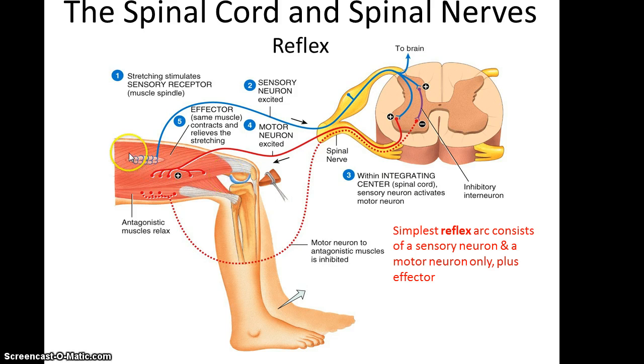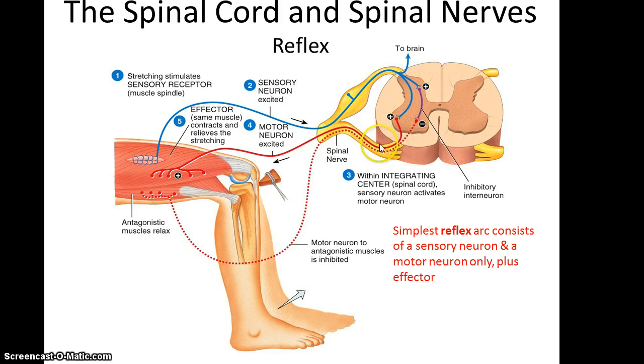So you have the sensory receptor, which in the simple version can be the sensory neuron itself. You have the sensory neuron sending its signal to the spinal cord. Here's the posterior ganglion entering through the posterior rootlets and the posterior gray horn, and then that's going to synapse with the cell bodies of the motor neurons in the anterior gray horn.